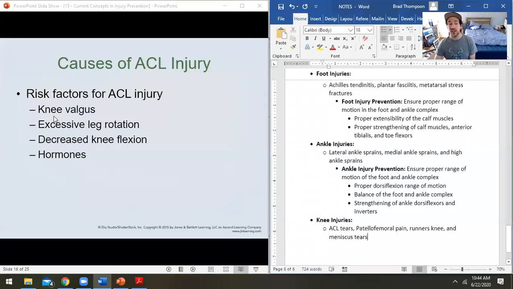So risk factors, again, knee valgus, excessive rotation, and decreased knee flexion. And this is kind of a weird one, hormones. It's like, what? How the heck can my hormones have anything to do with an ACL injury?